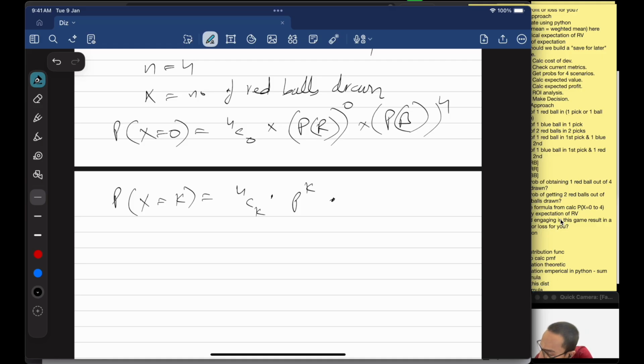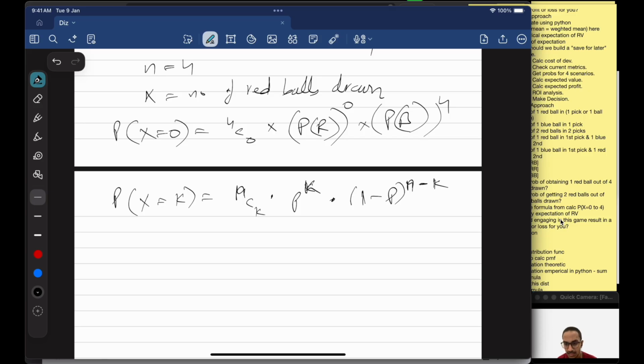Which will be nothing but (1 minus p) power, if I have used k here, then the remaining will be 4 minus k, which is n minus k, because I already used k.